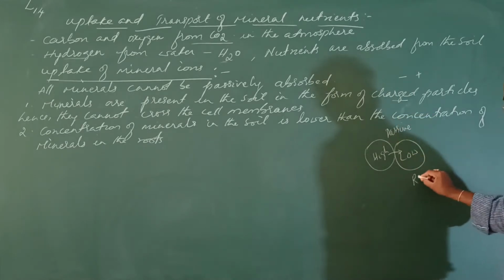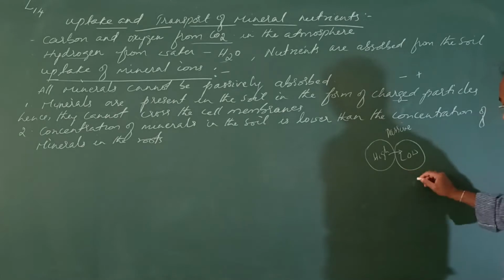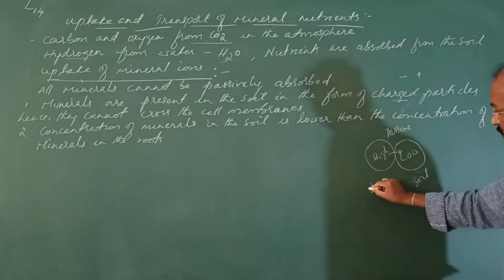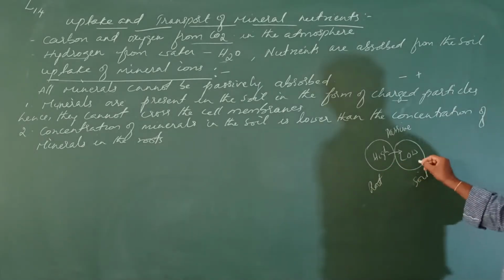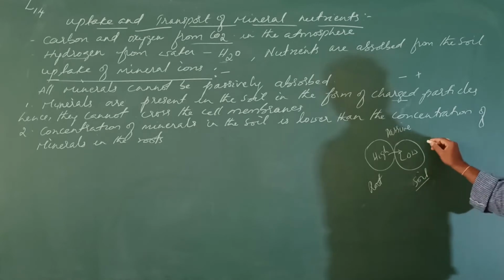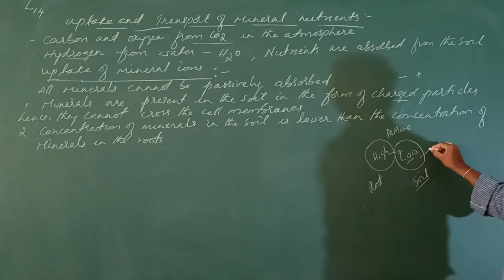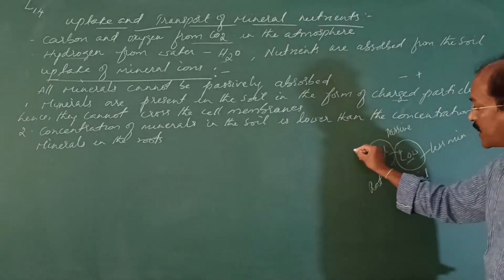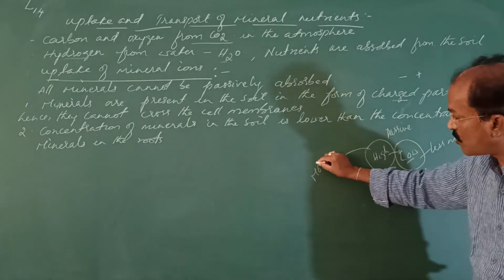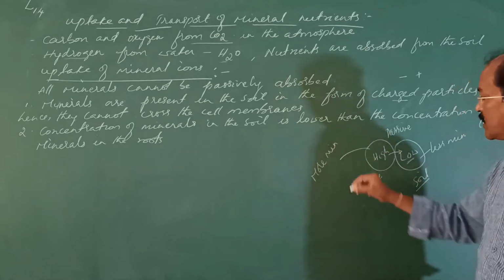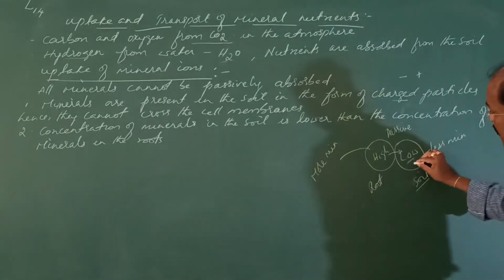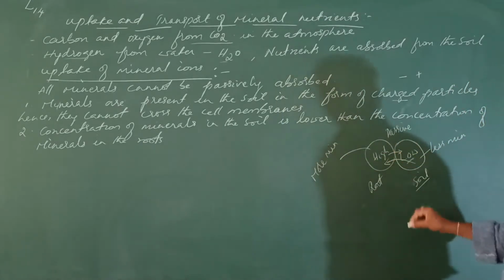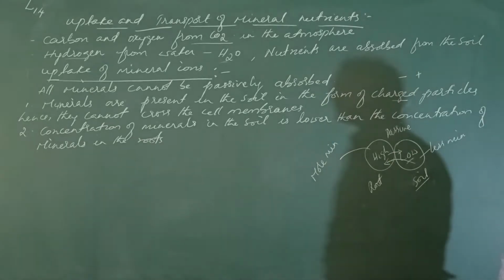Now think that this is soil, and this is root. The soil has fewer mineral ions, and the root has more minerals. So from the soil, the mineral ions have to be absorbed into the root.